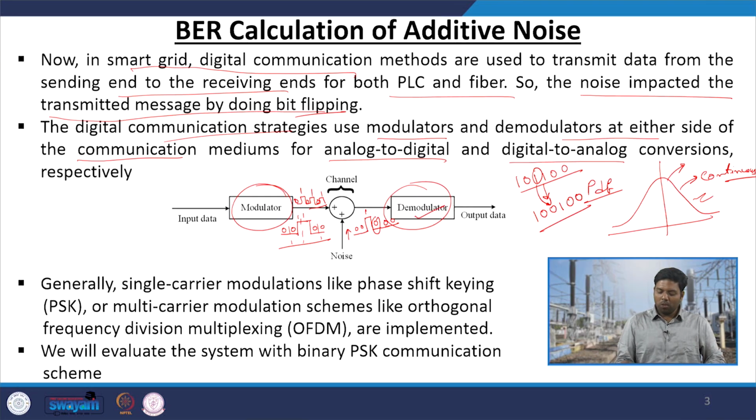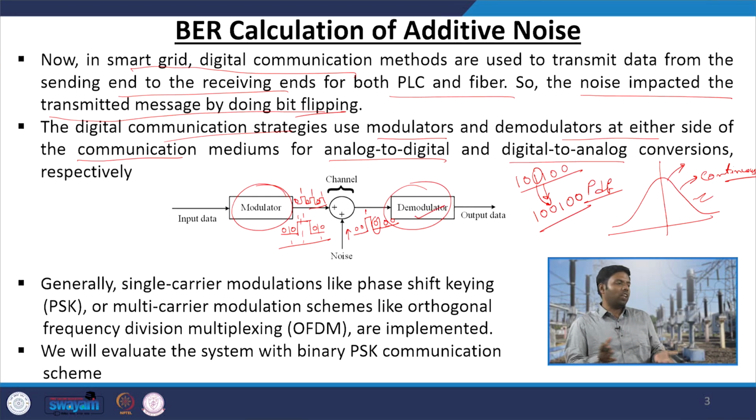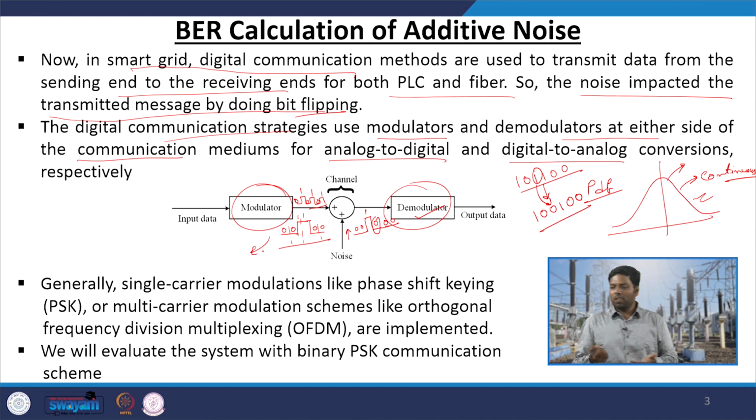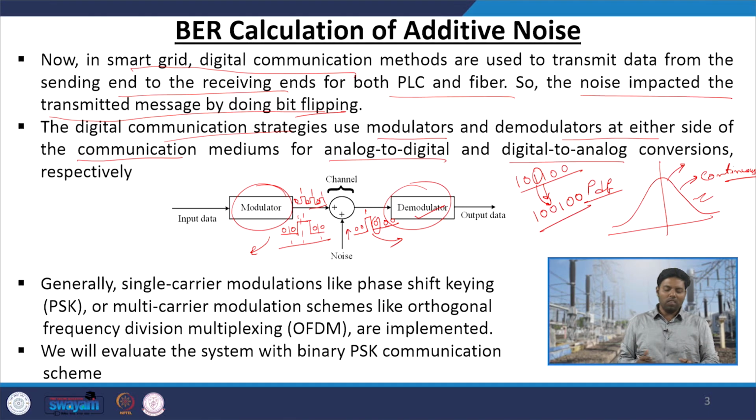Then you demodulate it and you will get some other value. If you convert it to a decimal value, it is a different value. So, that causes data deformation, which is the effect of the noise on the data.